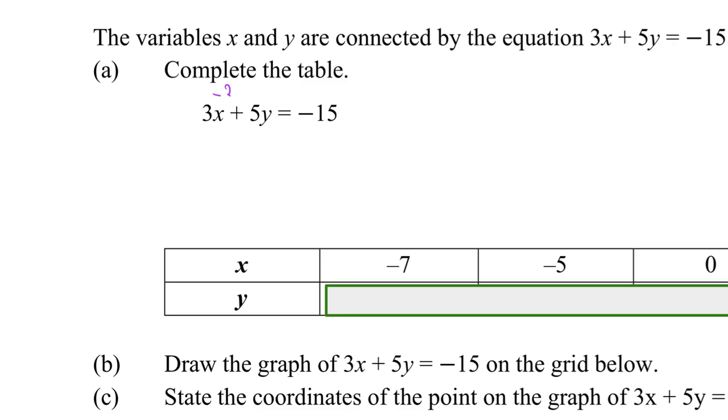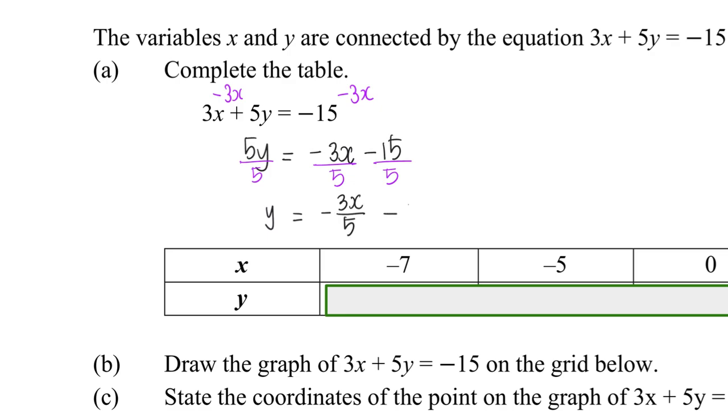I'm going to minus 3x on both sides, so I will have negative 3x and negative 15. I'm going to divide by 5 throughout, so that I will have y equals negative 3x over 5 minus 3.